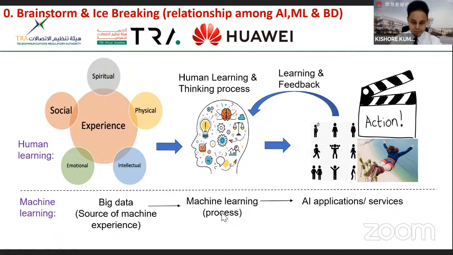Through that analysis of big data, machines do have some understanding of the facts. They do learn some lesson. In other words, they create or train some model, a machine learning model. Based on those models, AI applications or services take actions, given an input, and they come up with an output. That's the analogy between human learning and machine learning.